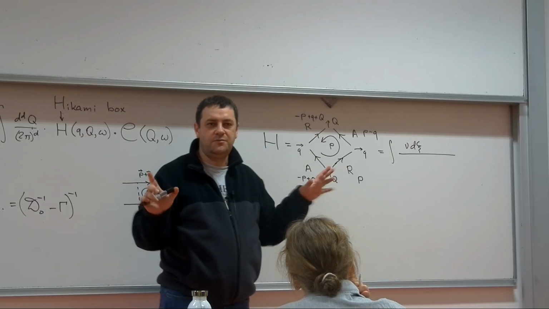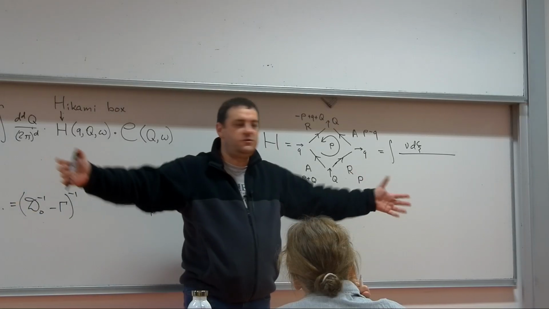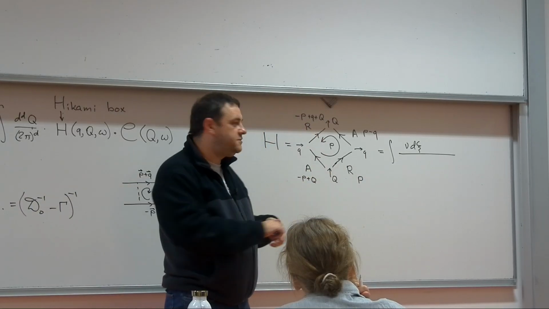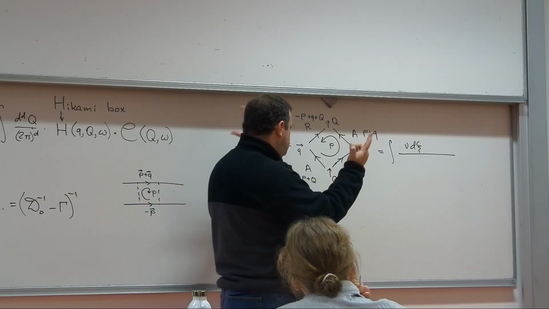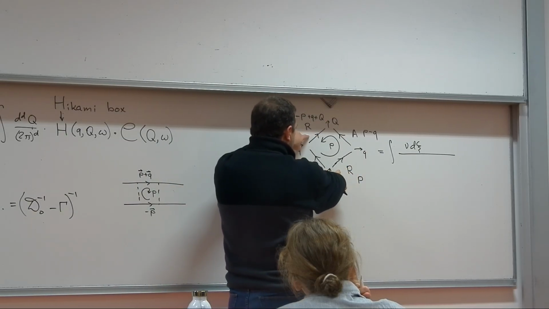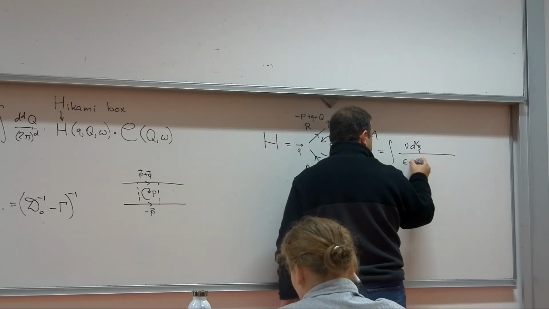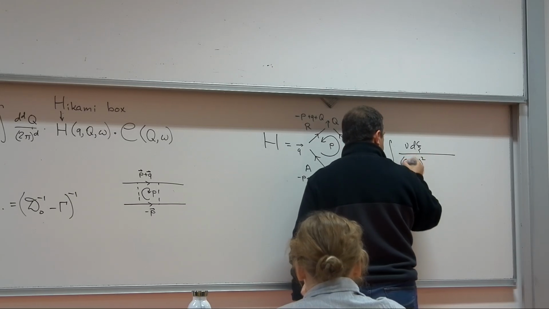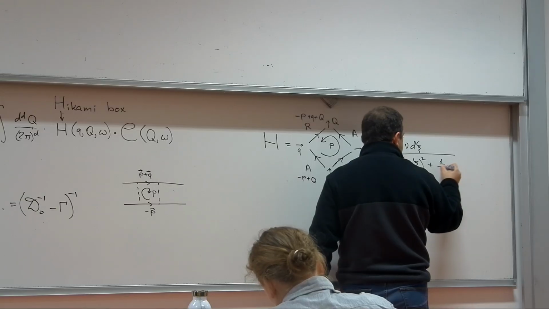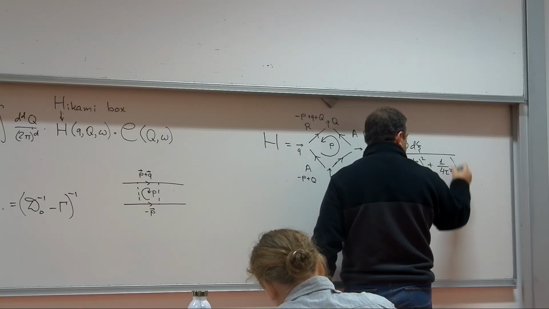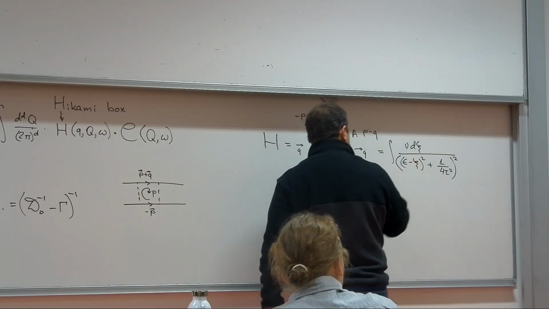They are small momenta. P is a large momentum, like the Fermi momentum. These are some small additions to it. Let's neglect them. So we just have two retarded functions of p, two advanced functions of p. We have epsilon minus xi squared plus 1 over 4 tau squared, and once again squared.